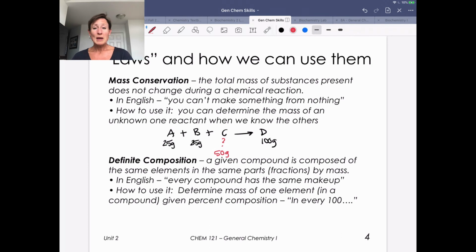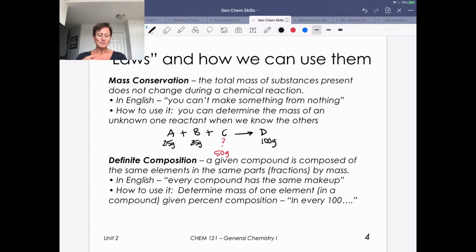We can't lose matter and we can't create matter. We're just exchanging how it's all divided up between 3 different substances or all together in one substance. So we're going to be able to use this from time to time in problems in the future, that we can just do a little algebra, if you will, to solve for this unknown.